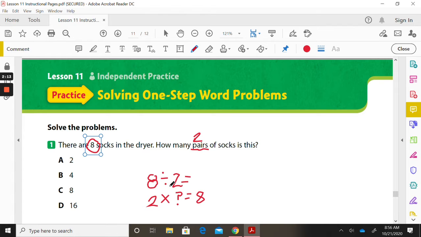If I've used my strategies of drawing an array, maybe I've drawn 2 until I get to 8. That would be 2, 4, 6, 8. I can see that I have 4 rows of 2. However you decided to solve it, I'm sure you came to the conclusion that that would be 4 pairs of socks. Let's continue.